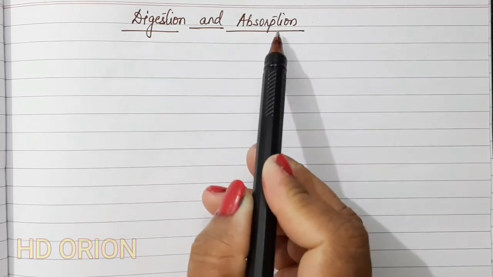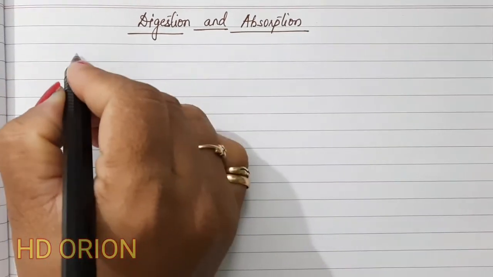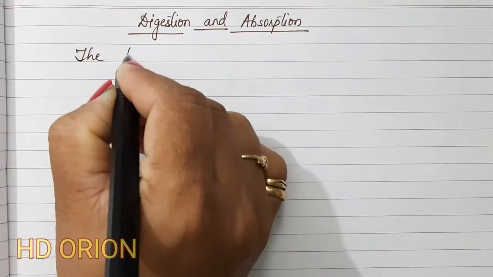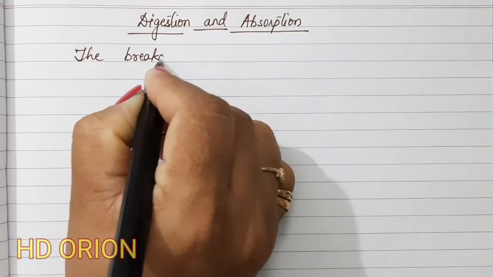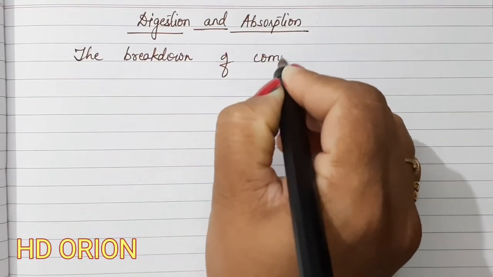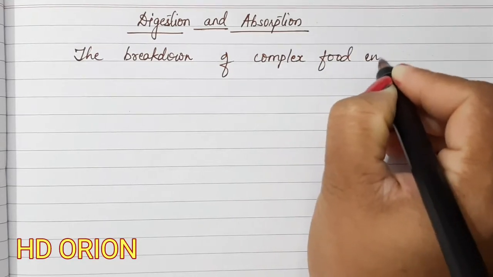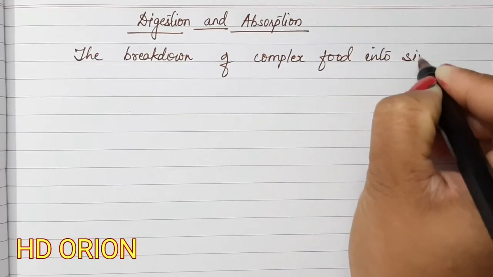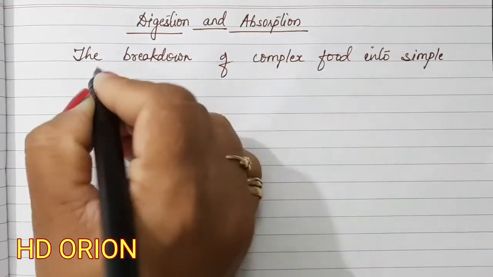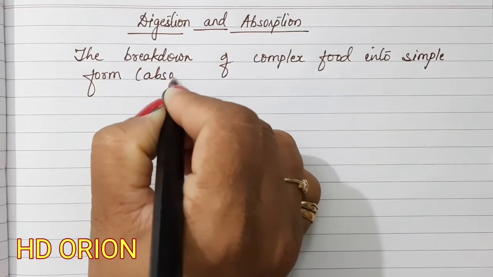Hello everyone. Today we are going to start with a new topic, digestion and absorption. What actually is digestion? We will see the definition: the breakdown of complex food into simple form which is absorbable actually.